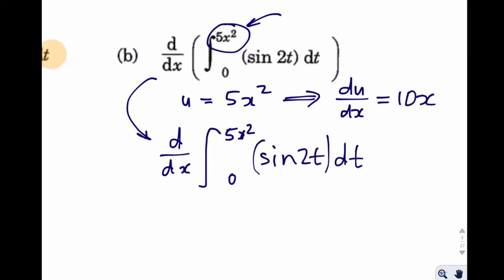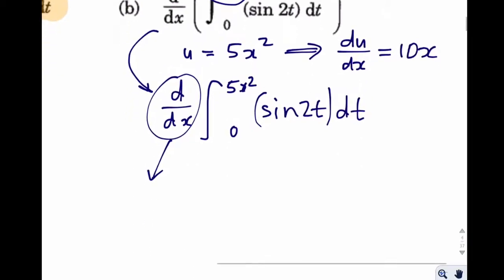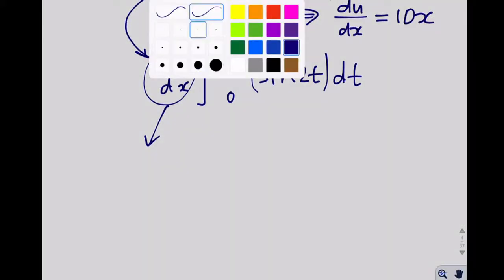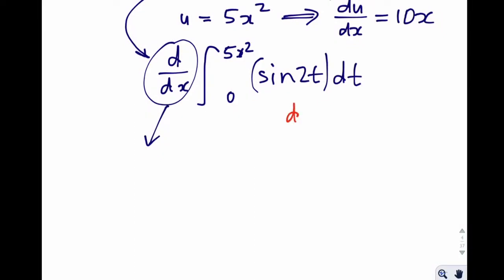And now what I'm going to do is use the chain rule. The derivative with respect to x is the same as the derivative with respect to u times du dx, correct?